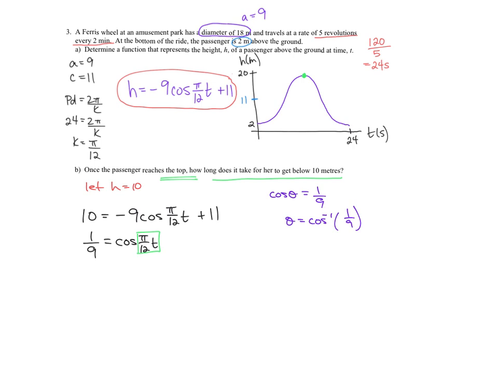Okay, so a few things to go with that. I know cos is positive where its adjacent side is positive. So when I go inverse cos, I can find my related acute angle here. I know my related acute angle is going to be 1.46.